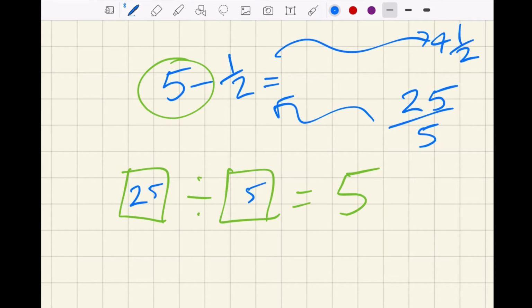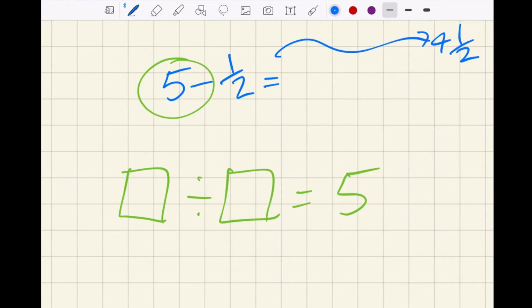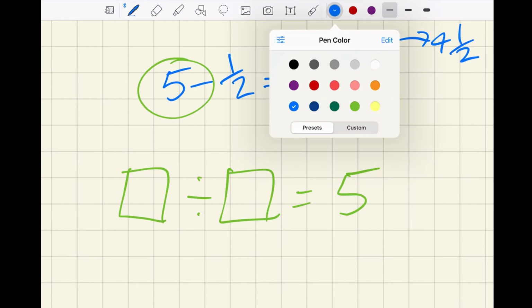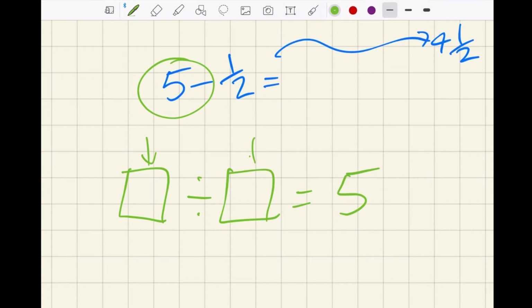But there's an easier way. You've got to try and get this down to the lowest possible value. So now let's rethink our original question. What's the smallest combination of things you can put into these boxes that gives you the answer of 5? Well, I'm hoping that you came up with the idea that it is in fact 5 divided by 1. 5 divided by 1 equals 5.